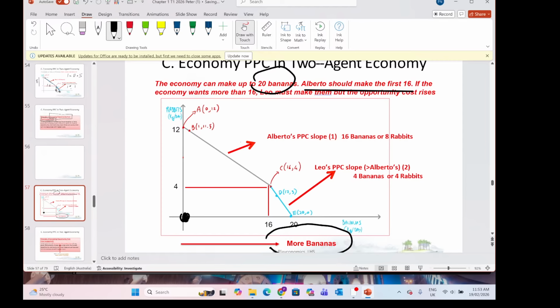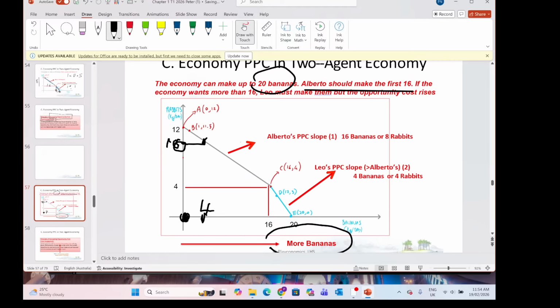Imagine that, let's draw a little dot here, and we call that 4. Now, if Alberto makes those 4 bananas, that puts him at the black dot on the production possibility curve, and I want you to think about how many rabbits Alberto has given up.